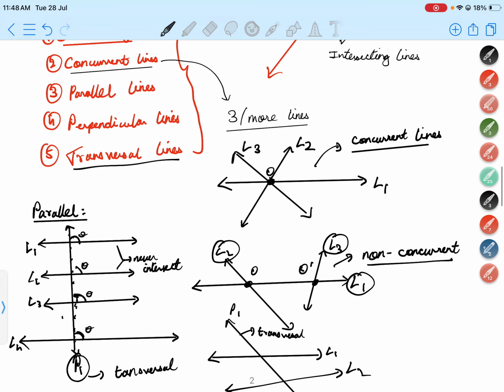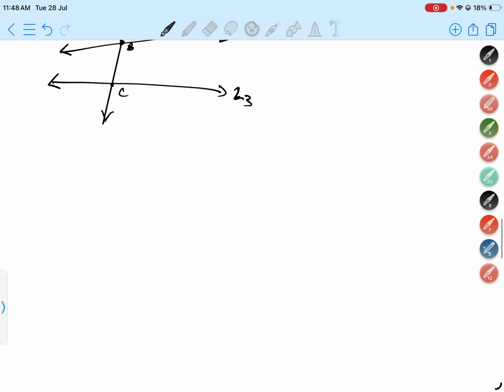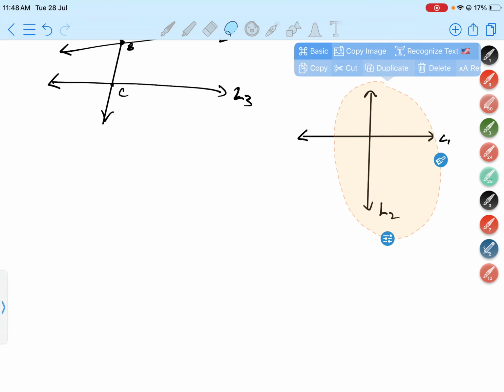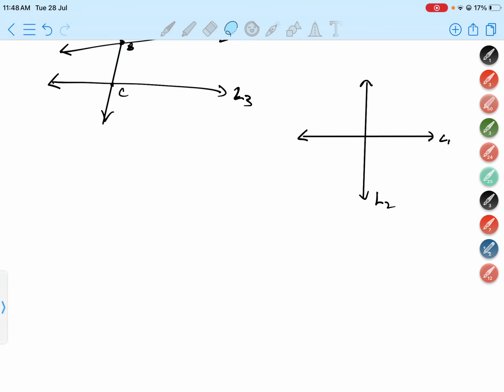Now coming on to perpendicular lines, any two lines, let's say L1 and L2, are said to be perpendicular if L2 intersects L1 in such a way that the angle created in between them is always 90 degrees.